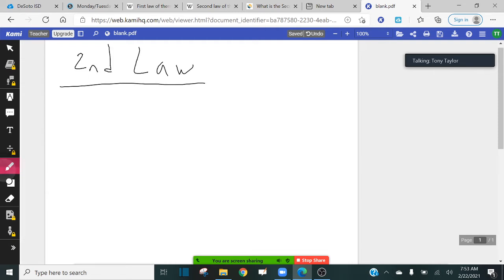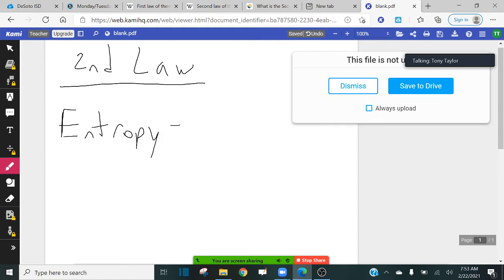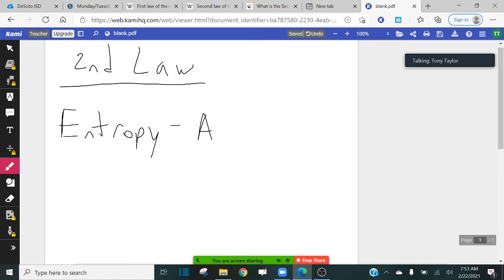What is entropy? Well, guys, entropy by definition just means a measurement of disorder.